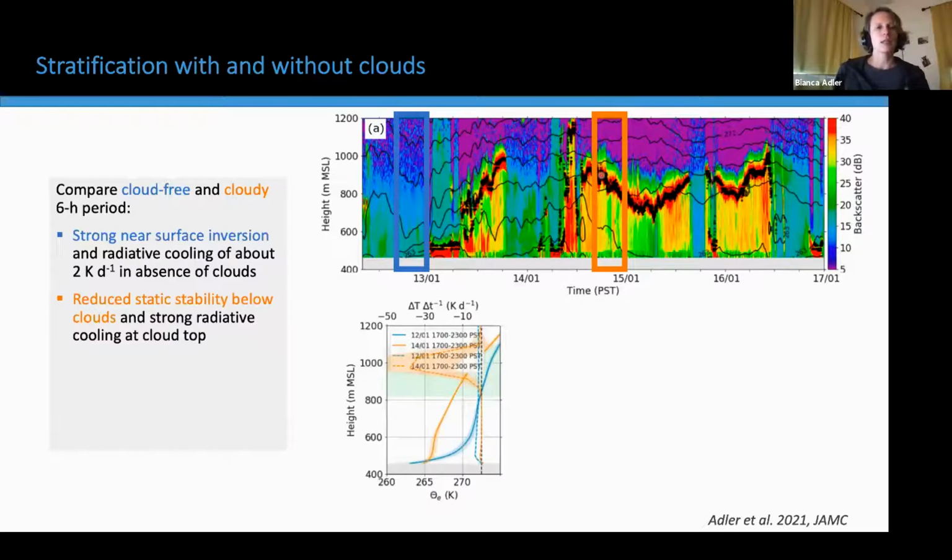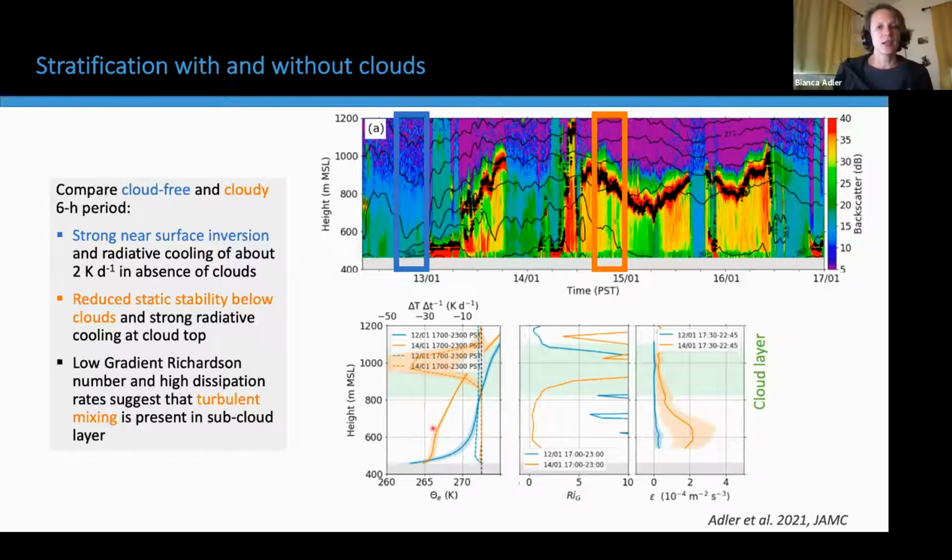And when looking at mean equivalent potential temperature profiles during the 2 periods, we clearly see differences in stratification. During the cloud-free period, we had a very strong surface inversion, while during the cloudy period, stratification in the subcloud layer was near moist adiabatic.